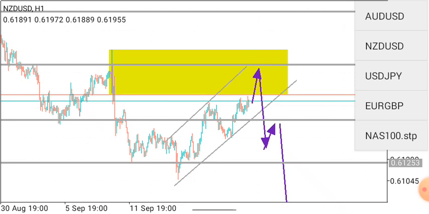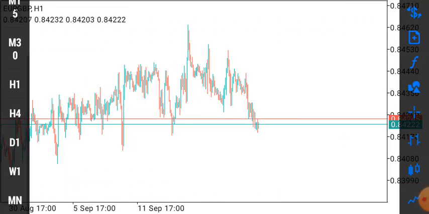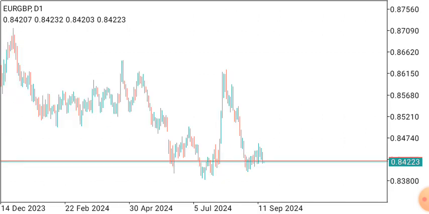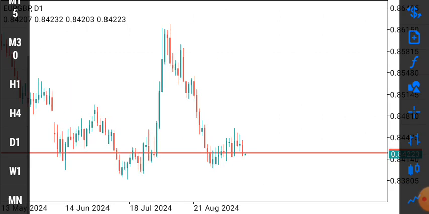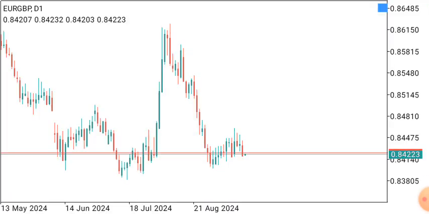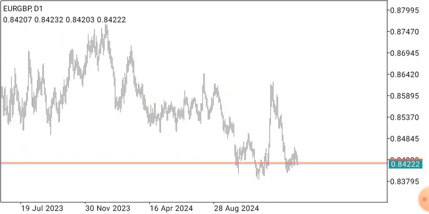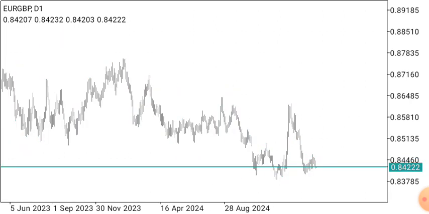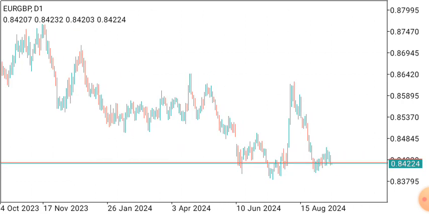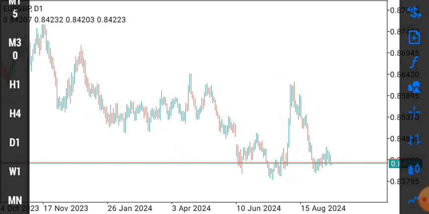And then on EURGBP, I think we spoke about this last week. As I was taking a look at it, I saw something very nice over here. Okay, let's start by going back. If you observe EURGBP, you'll see something with this move.